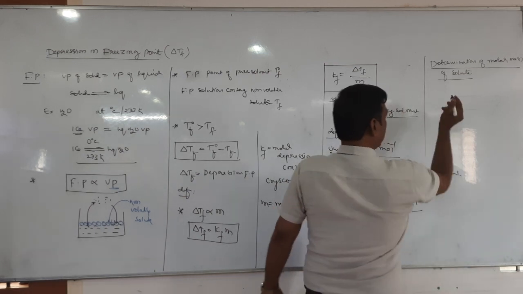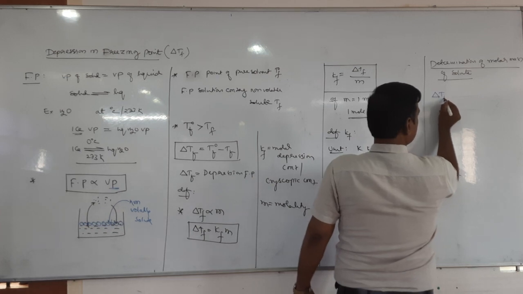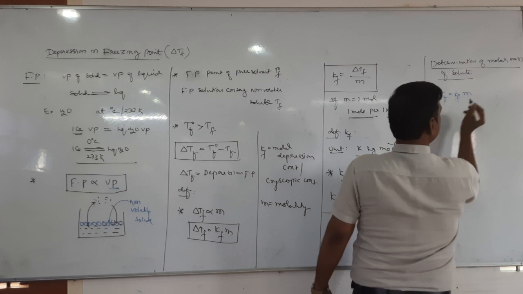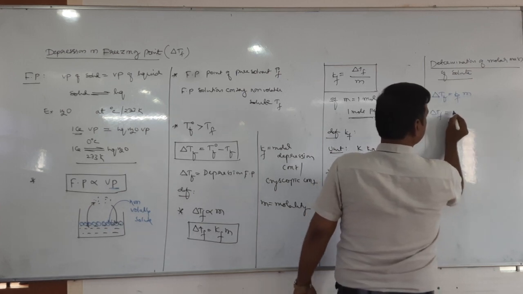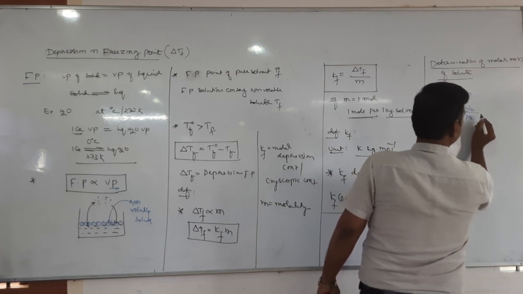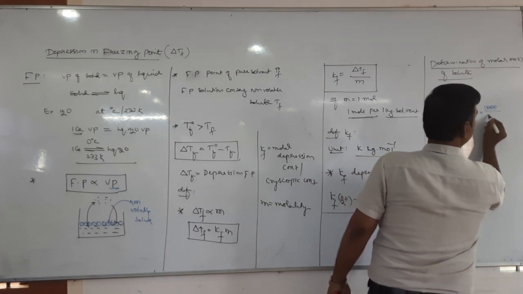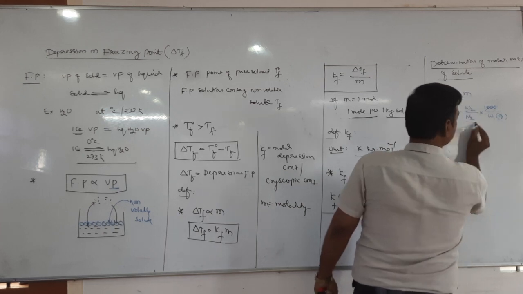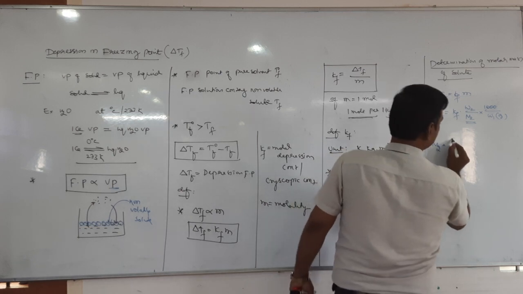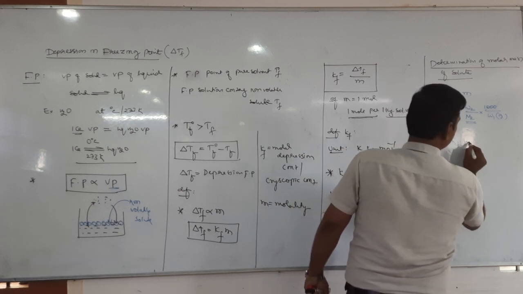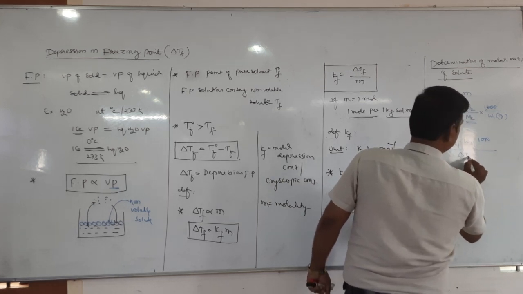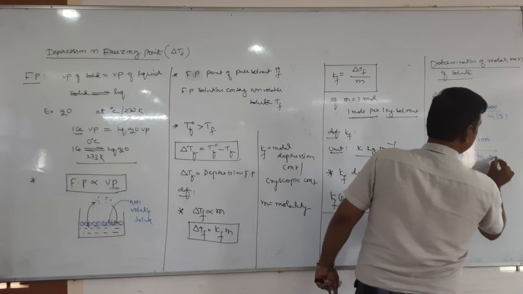So delta Tf is equal to Kf into m, and m is equal to W2 by M2 into 1000 divided by W1 in grams, but actually we want M2. Tell me, M2 is equal to Kf into W2 into 1000 divided by delta Tf into W1 in grams.